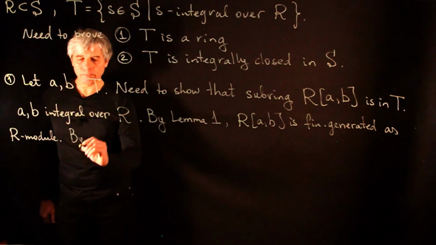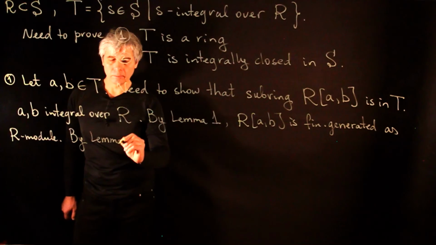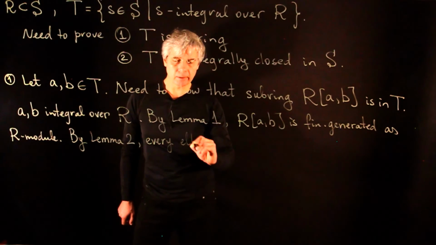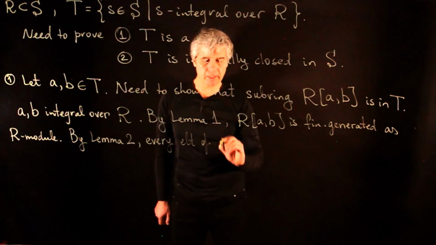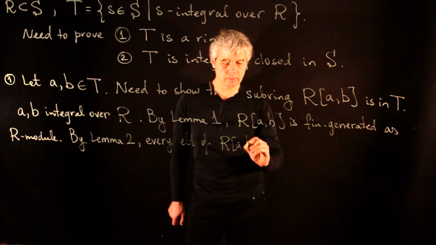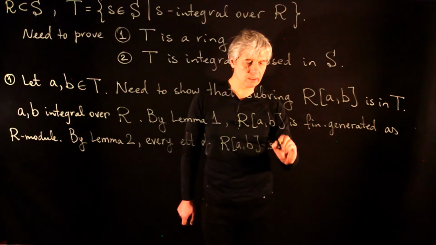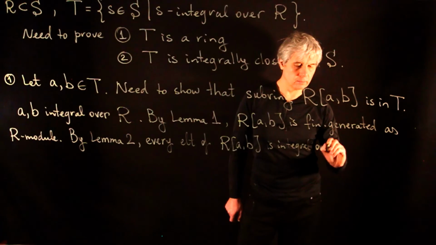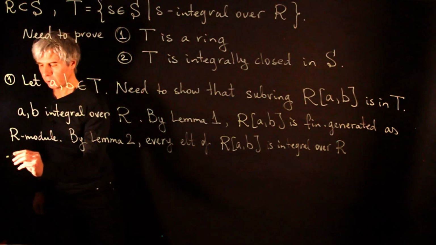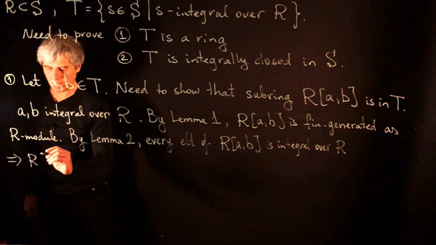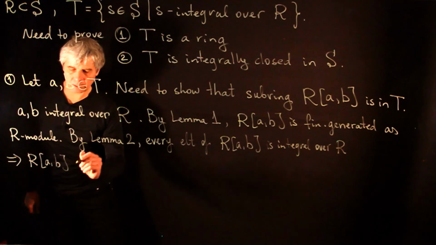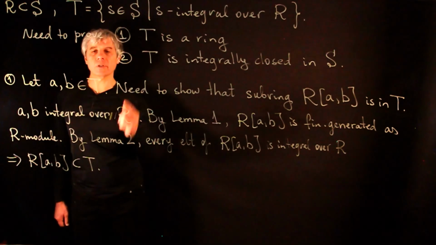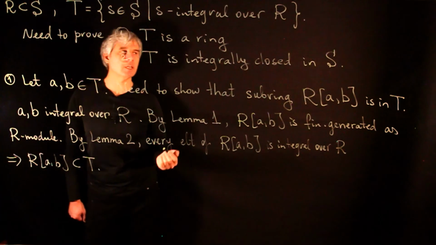And by lemma 2, every element of this subring is integral over R, which means that this whole subring is inside T. So this proves that T is closed under addition and multiplication.